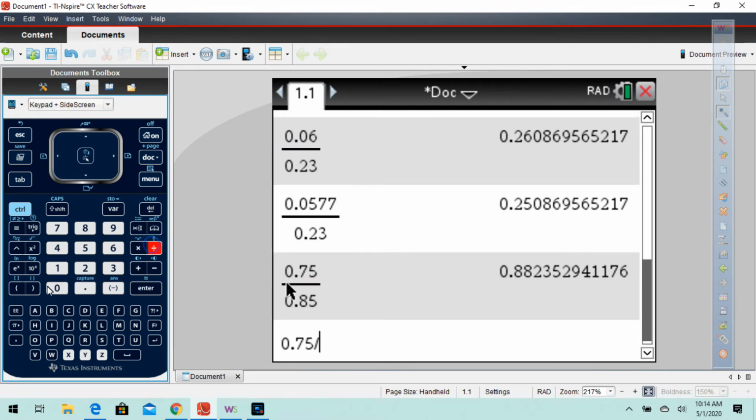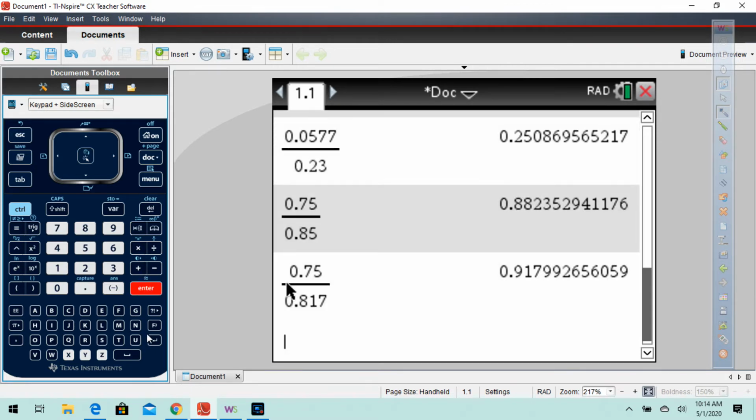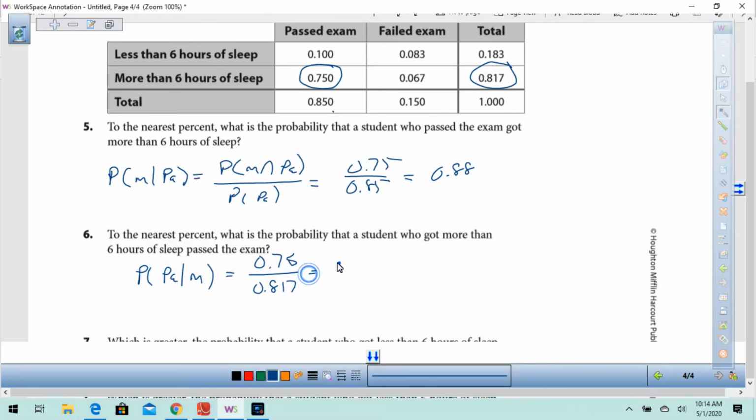I get 0.918. So basically a 92% chance of passing if they get more sleep.